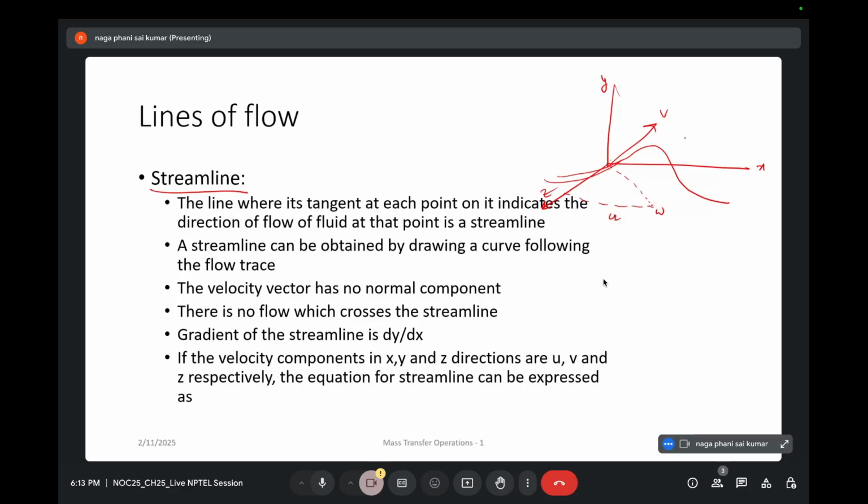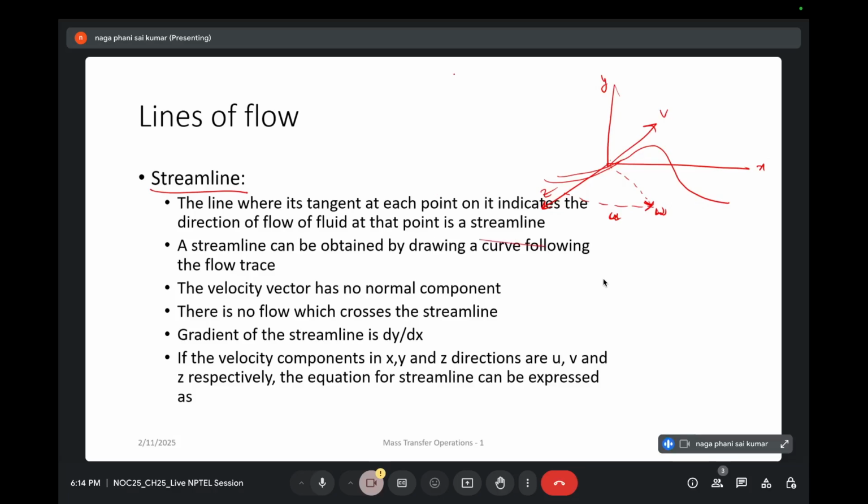So it will be moving with u velocity in x direction, with w velocity in z direction, and with v velocity in y direction, right? So coming to streamline, a streamline is nothing but a line where its tangent at each point on it indicates the direction of flow of the fluid at that point.